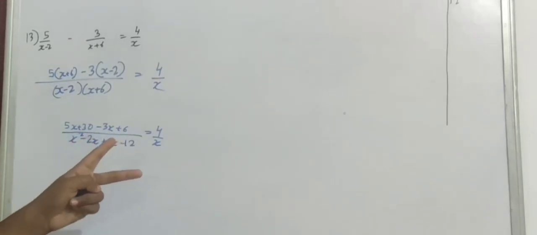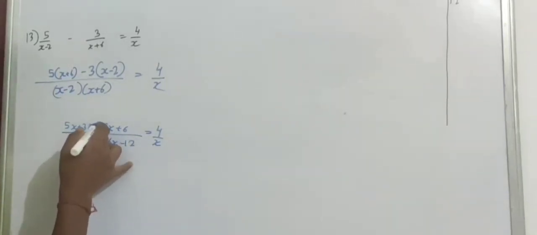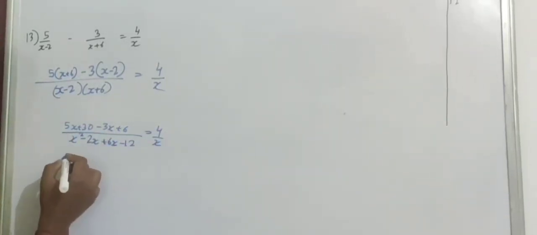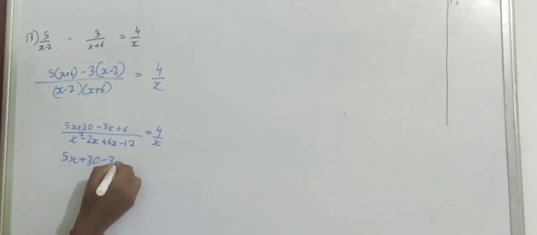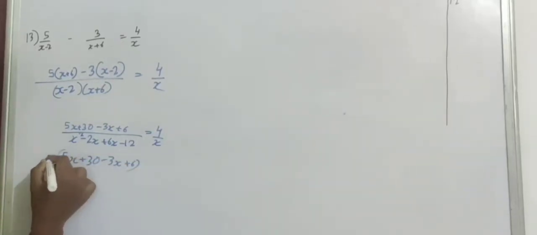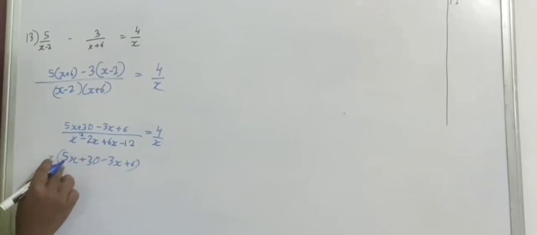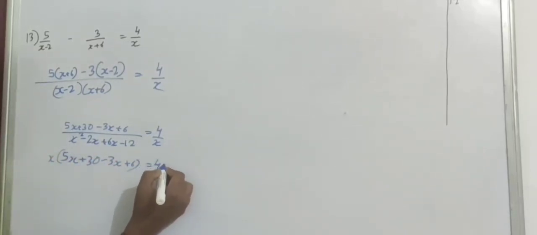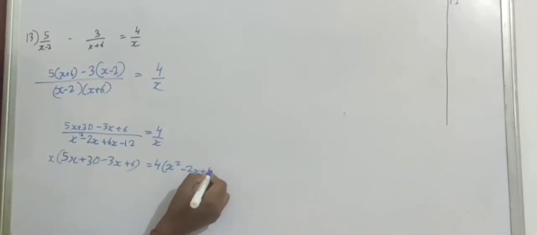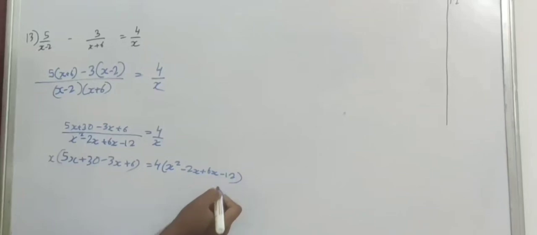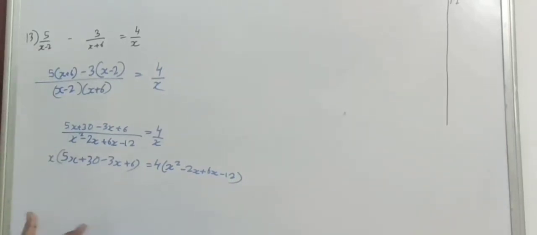Now we will do cross multiplication, x with the numerator and 4 with the denominator. So we have 5x plus 30 minus 3x plus 6 into x and 4 into x square minus 2x plus 6x minus 12. So now open the brackets and solve.